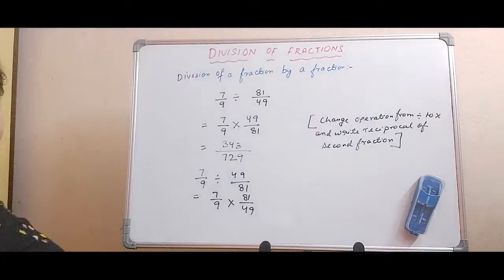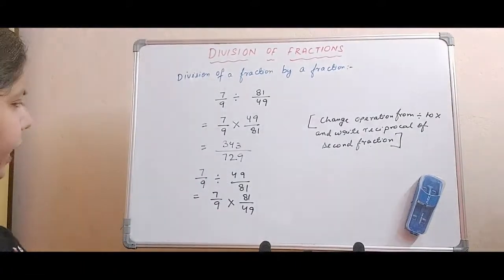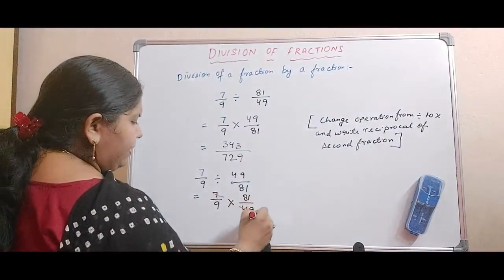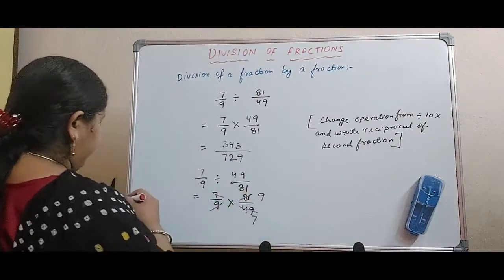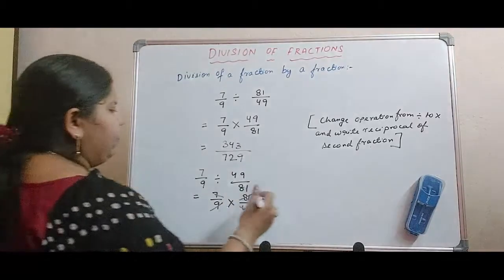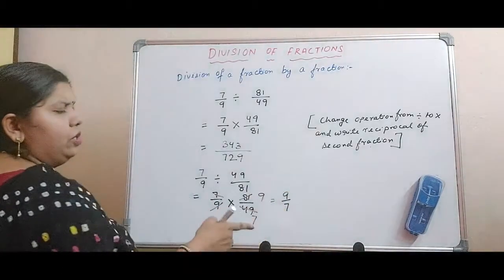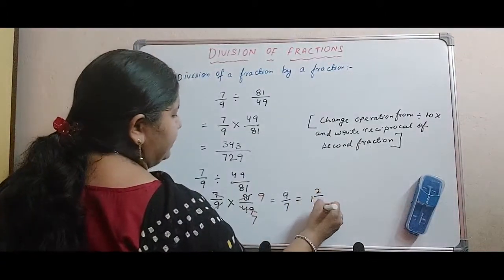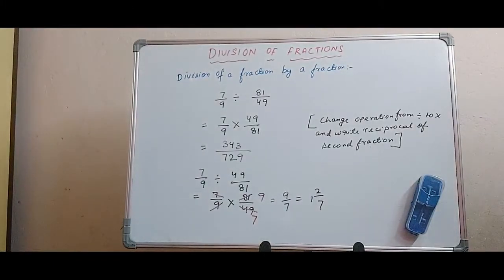So you can see that there is a common factor between 7 and 49 and 9 and 81. 7 7s are 49 and 9 9s are 81. So if you solve, you will get 9 by 7. You can change this into a mixed fraction. So it is 1 2 by 7. This is the final answer.